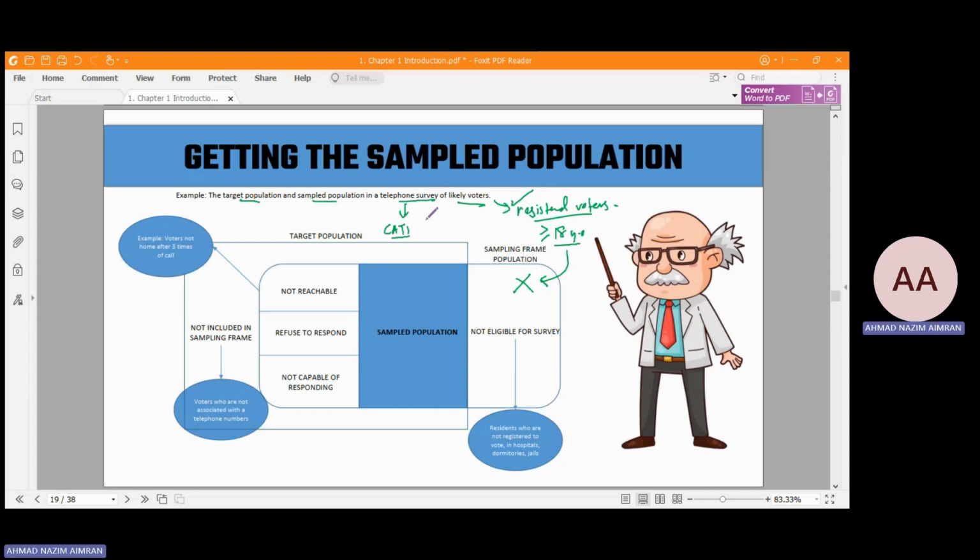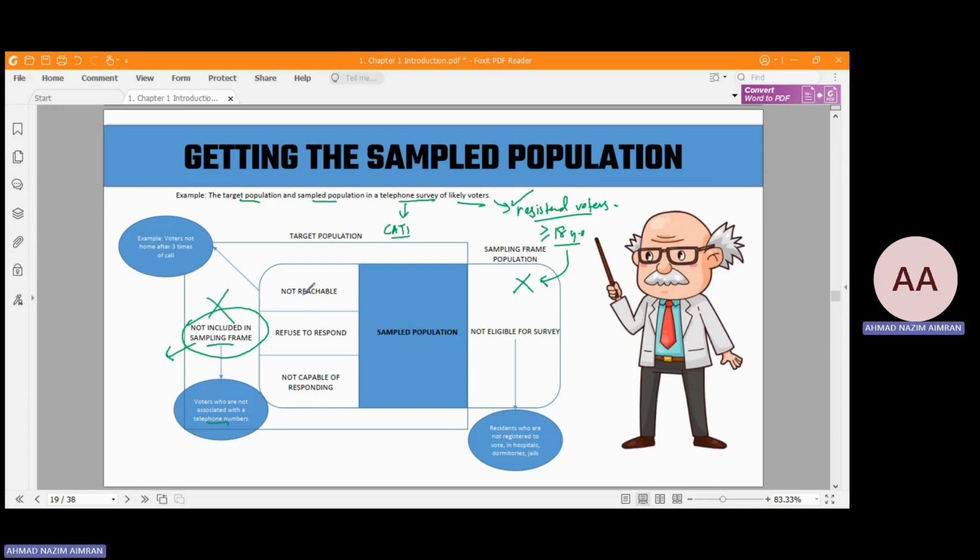Voters who are not associated with landline phones will not be included in the sampling frame, because your sampling frame, the list of all elements in the population, is only based on those who have landline phone numbers. So those who don't have landline numbers are not included in the sampling frame.